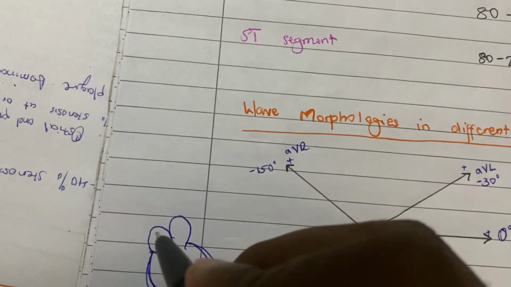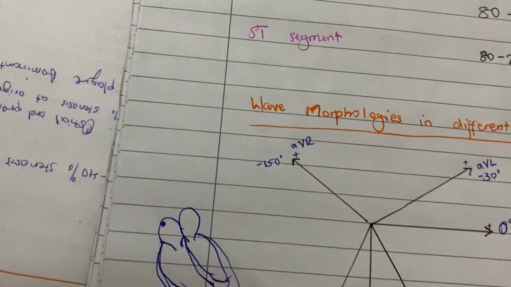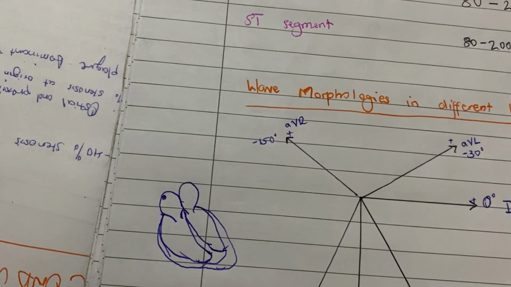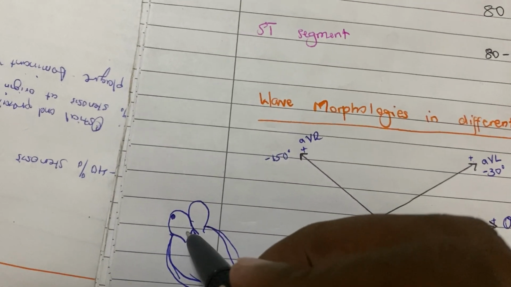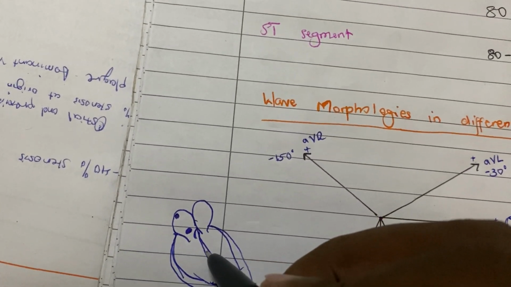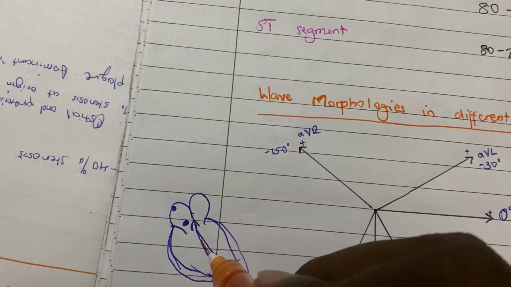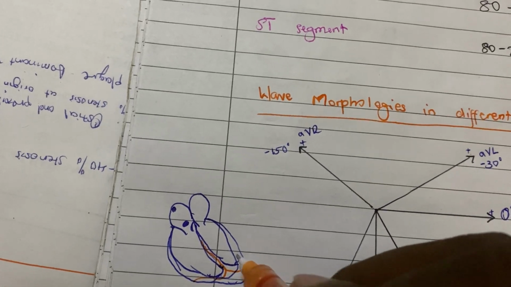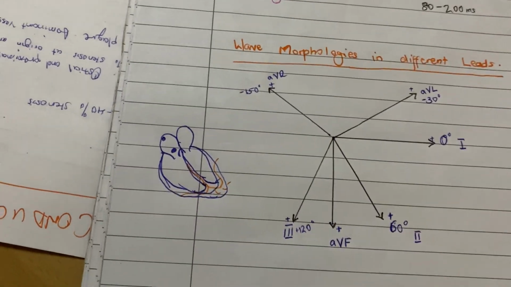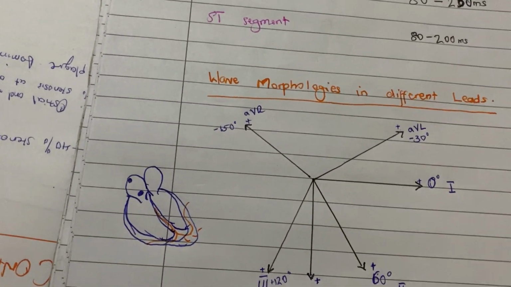We said these are the atria, the SA node is here, and then we have the AV node here, bundle of His, and then everything passes, and then the bundle branches, and then depolarizing. And we said the atria are depolarized first.